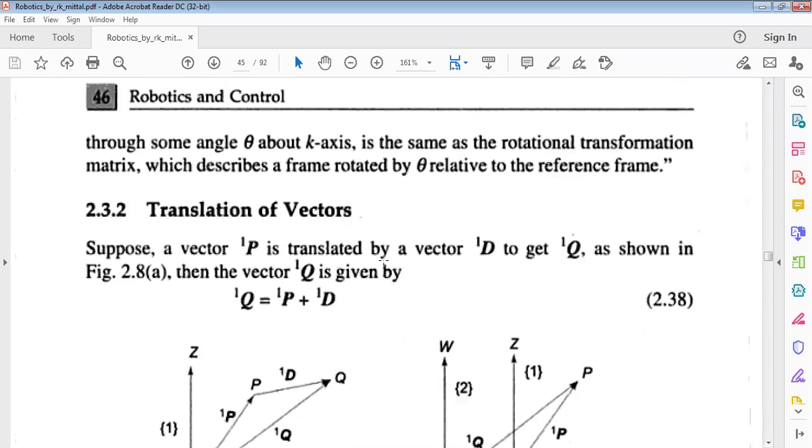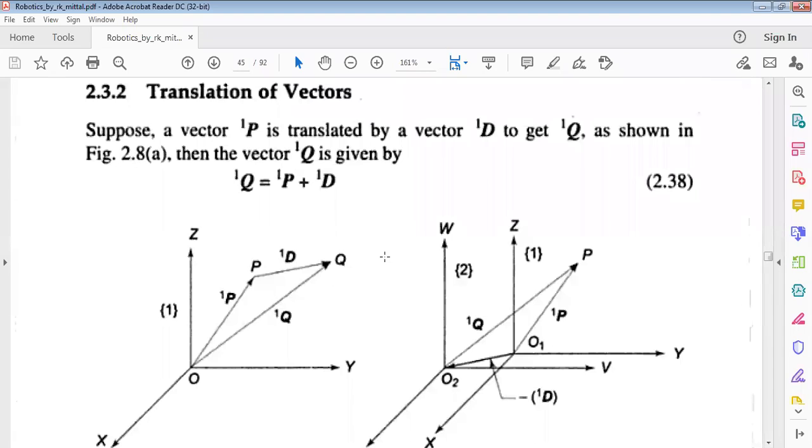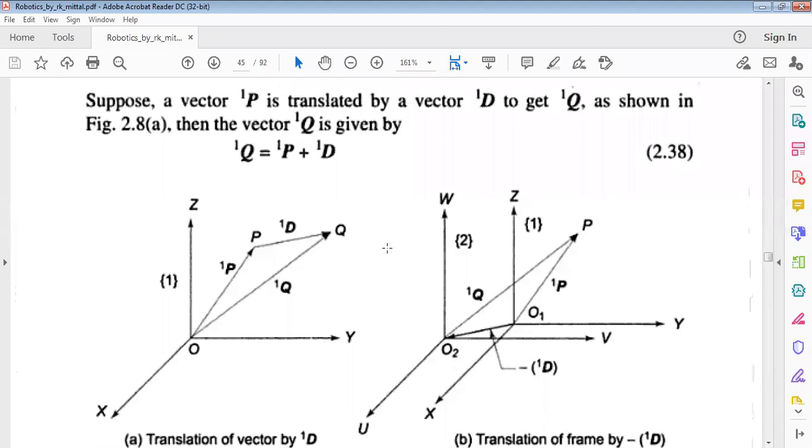Next, translation of vectors. Frame 1, in which the point P from O has the vector 1P.